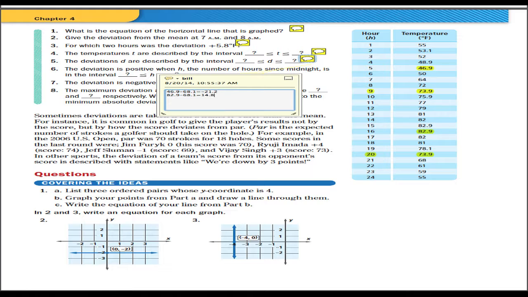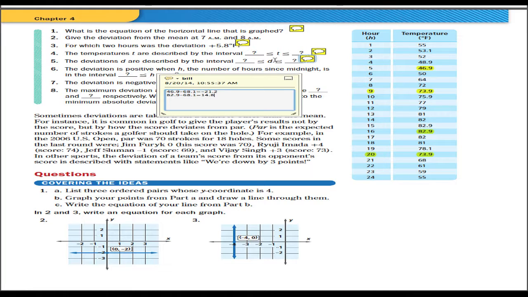So we've got our deviations, and we could put this into the interval where it would say 46.9 minus 68.1, a negative 21.2, is less than or equal to d, which is less than or equal to 14.8.